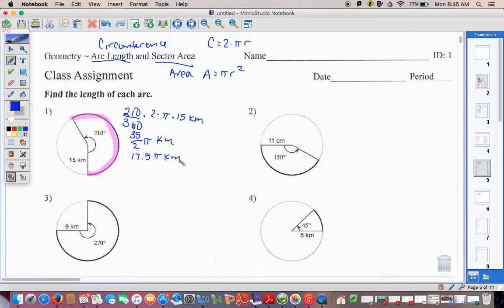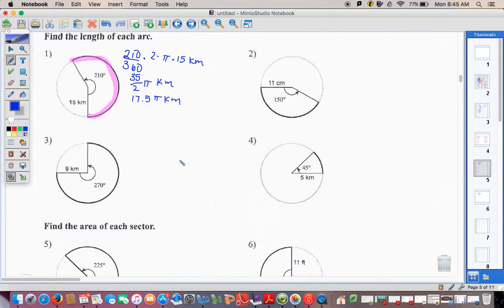Okay, let's look at question 3 here. We're looking for the arc length, and our angle is 270 degrees. So we're going to say 270 degrees divided by 360, that's the portion we're looking for, times 2 times pi times 9 kilometers.